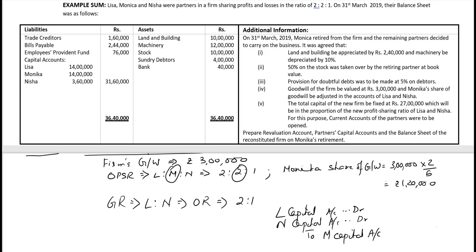Against Monica, we'll write Monica's share of goodwill, 1,20,000 rupees. And this has to be divided between Lisa and Nisha in their gaining ratio 2:1. So 80,000 against Lisa and 40,000 rupees against Nisha. So let's post this into the capital accounts.